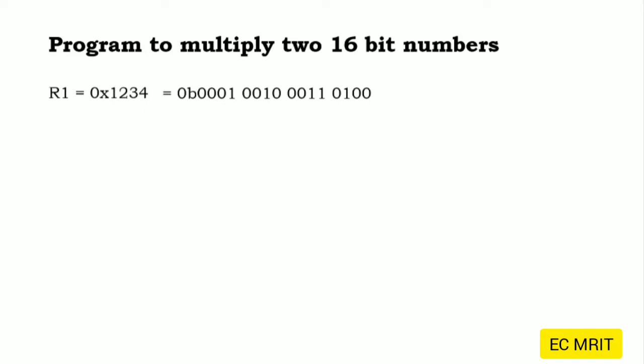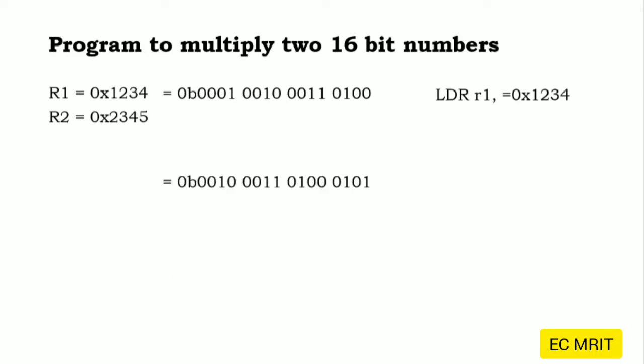How will we send the data 0x1234 to R1? By using an instruction called LDR. LDR R1, =0x1234. This will load a constant value, that is 1234, to the R1 register. Similarly, we'll take one more number, 0x2345, in the R2 register.